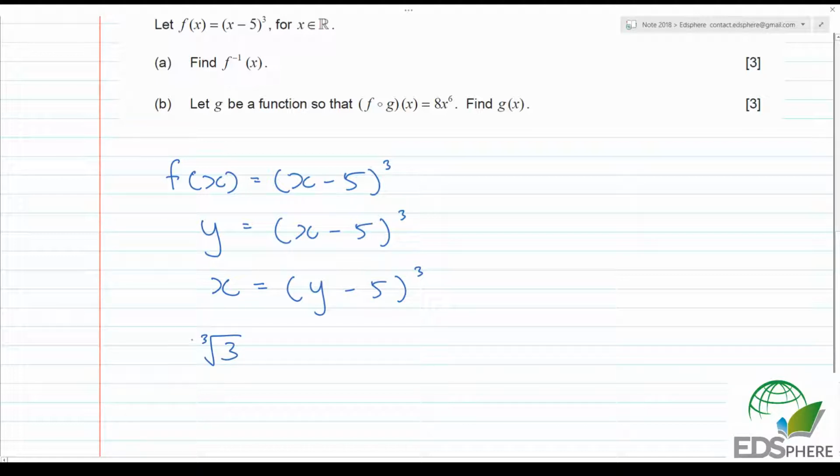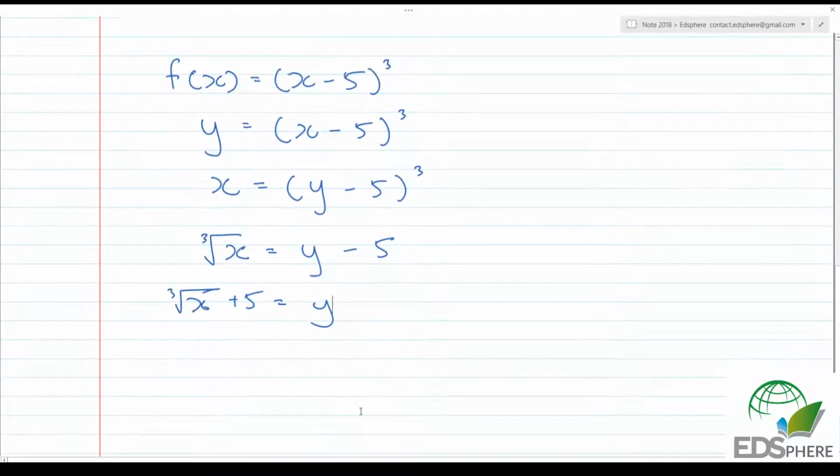See, I made a mistake. And because we're cube rooting the x, we do not have to worry about that positive, negative sign. All we have to do is to move this 5 back over here, which is cube root x plus 5 equals y.